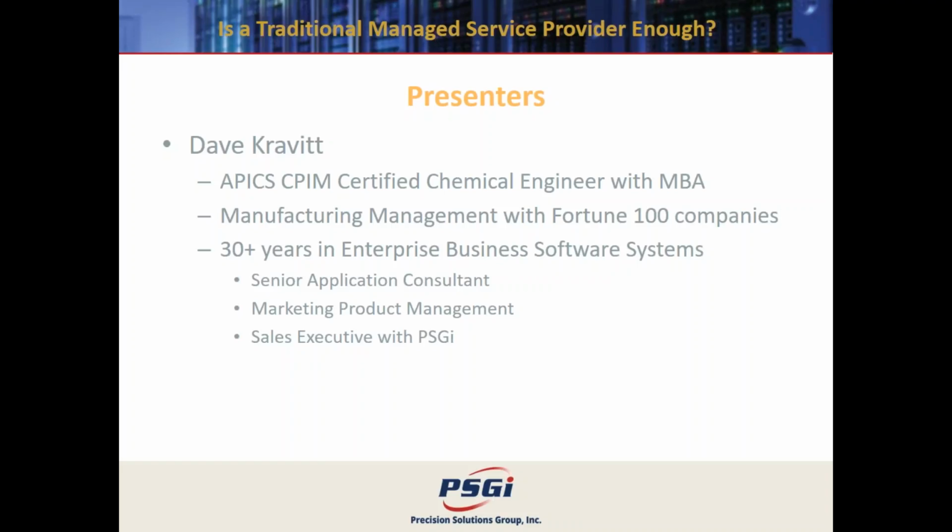And that continued over the next 30 years as I worked in various enterprise business software systems. I've been a senior application consultant where I just love taking factory tours and showing organizations how the software fit those organizations. I've been in marketing product management as an ERP product manager and the like.